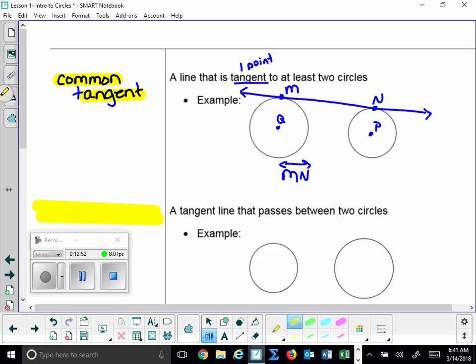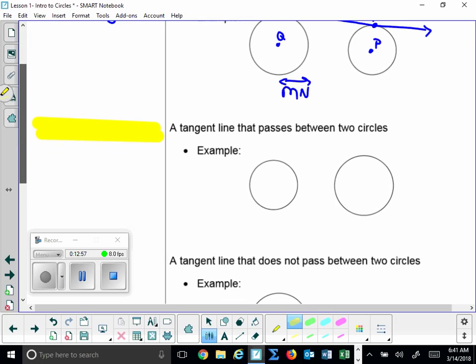Now we have some specifics with common tangents. A tangent line that passes between two circles. So let's do P and Q. And I need it to be tangent to both.